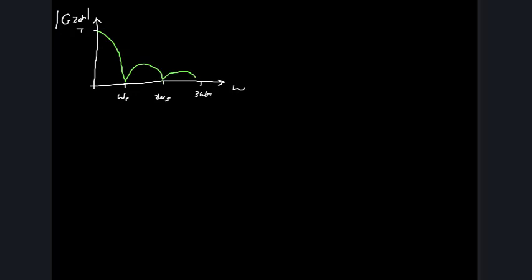And it will be attenuated. So for example, at omega s over 2 the value will be 0.637 T. The value at 3 omega s over 2, if I substitute in the amplitude, will be 0.212 T, and the value here will equal 0.127 T.